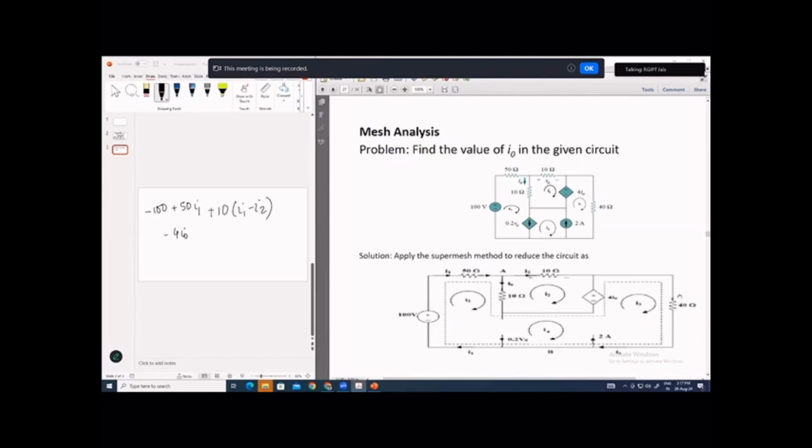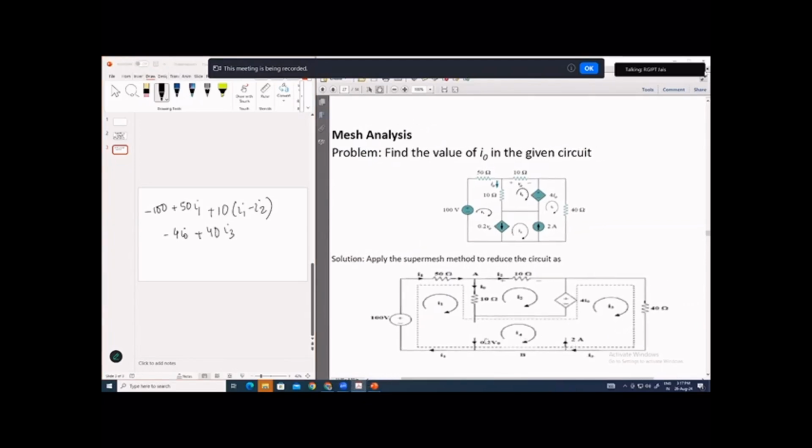So plus sign will be here, minus sign here. Moving in the clockwise direction, you will encounter the plus sign first, so it will be plus 40 I3. Again, moving in clockwise direction, you will encounter the 100 volt that we have already considered. So that completes our equation.